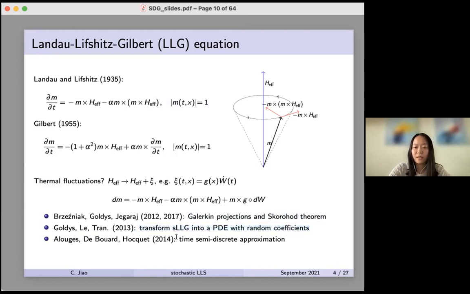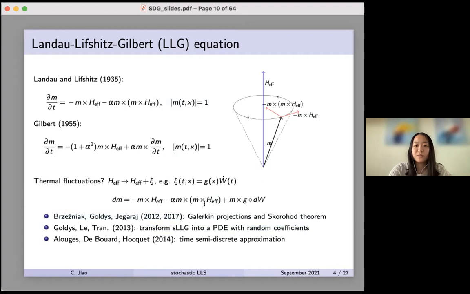We also have a time semi-discrete approximation scheme in the literature, associated with numerical schemes, to prove convergence, in a paper by Alouges, De Bouard, and Hocquet. For our result on the stochastic Landau-Lifshitz-Slonczewski equation, we will follow some of the convergence arguments in the first papers.